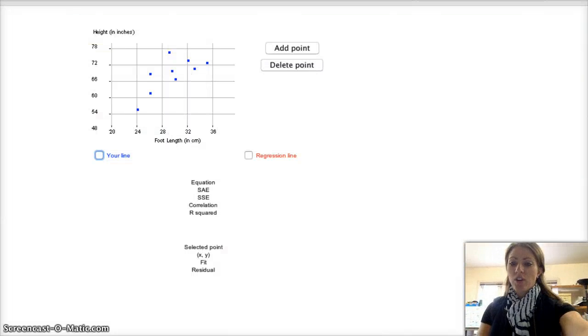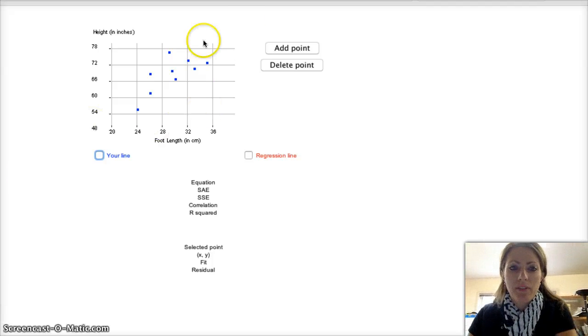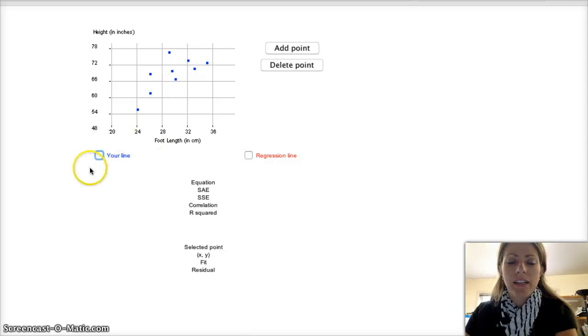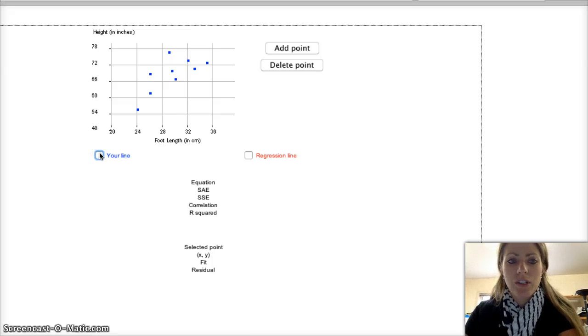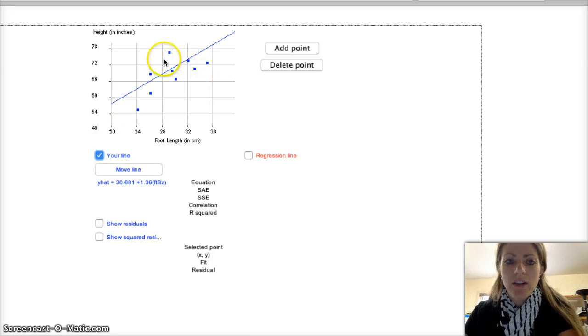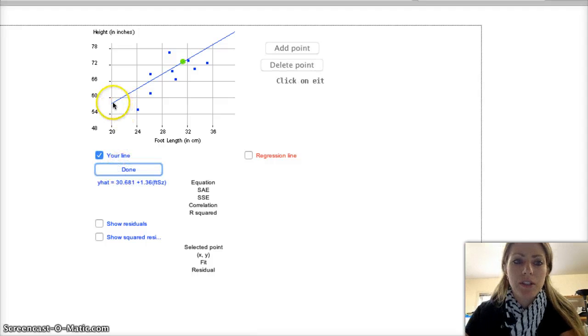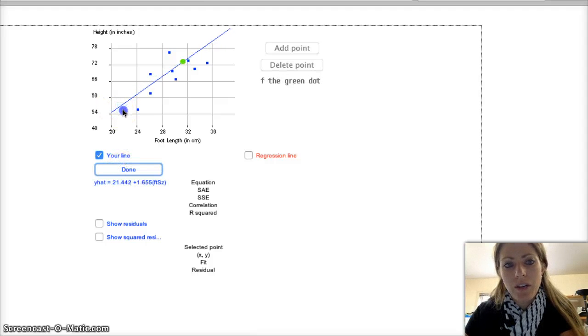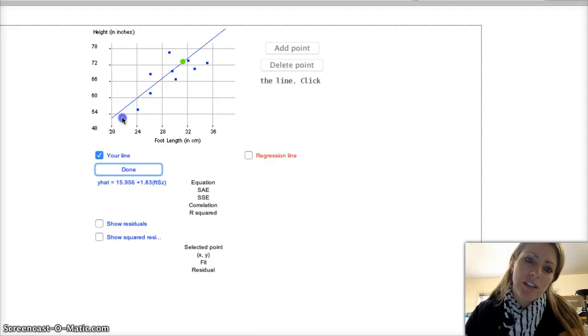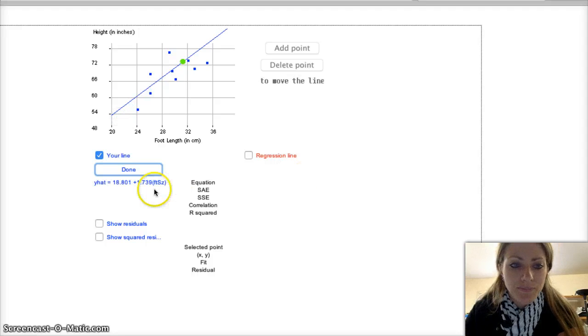Okay, so it might help if you kind of see this in action. So here's a scatter plot, and if I create, I don't know, a guess for where the line of best fit is going to be, my least squares regression line. So I plug in, okay, here's my line. I want to move it around so that I get closer to what I think is a good least squares regression line.